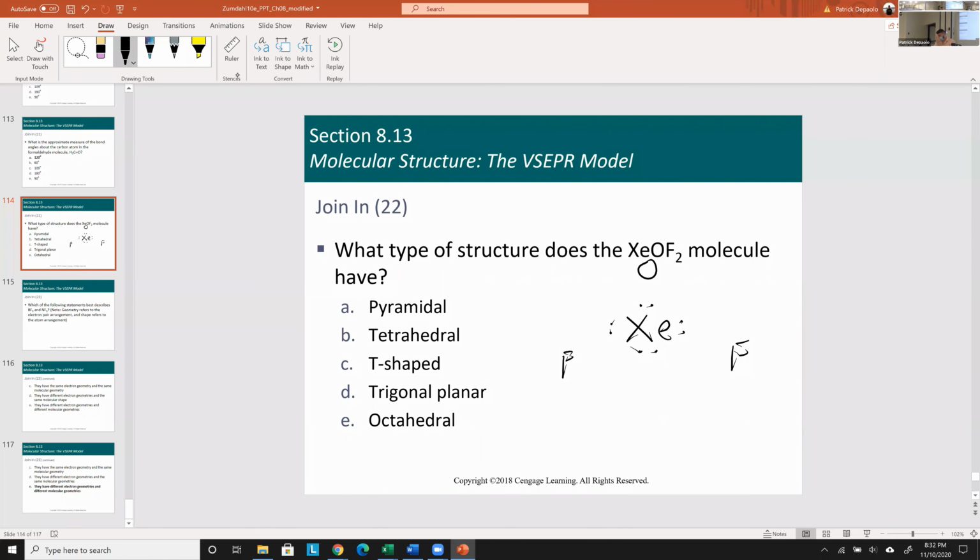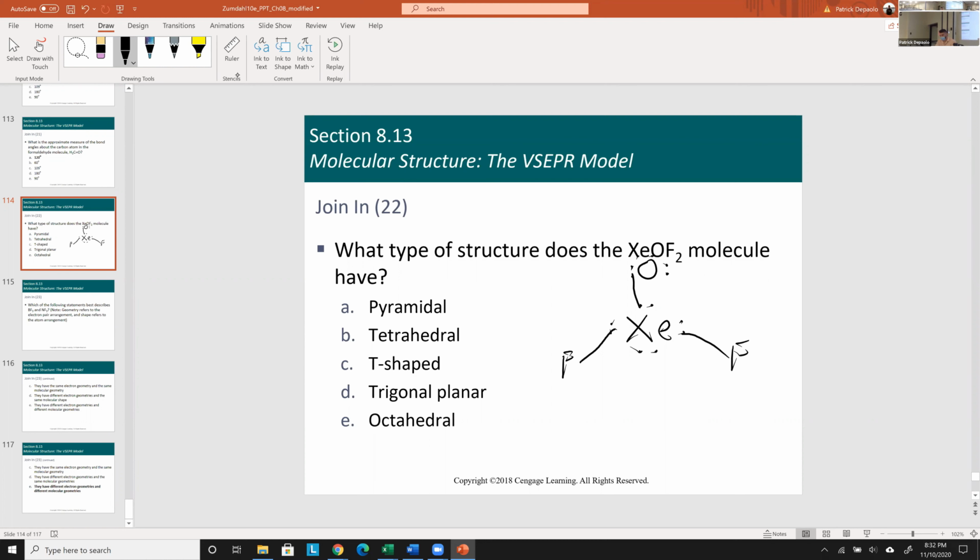All right. So the fluorines are going to make single bonds. The oxygen will make a single bond because it wants to be satisfied. But either way, its octet rule is good, and we don't want to upset the xenon.